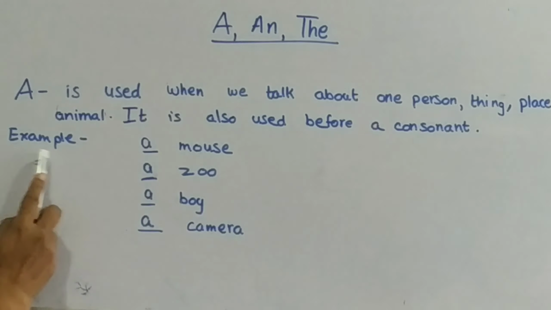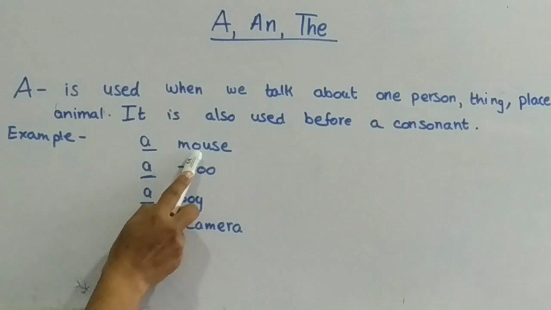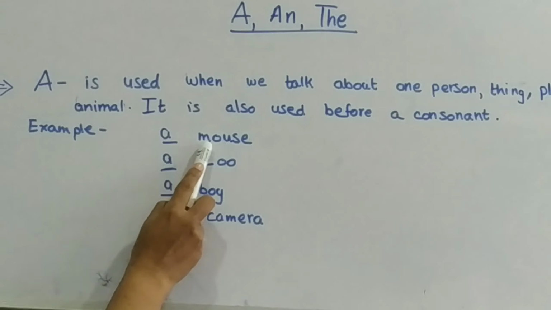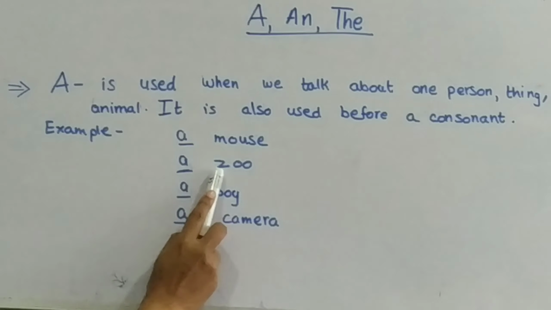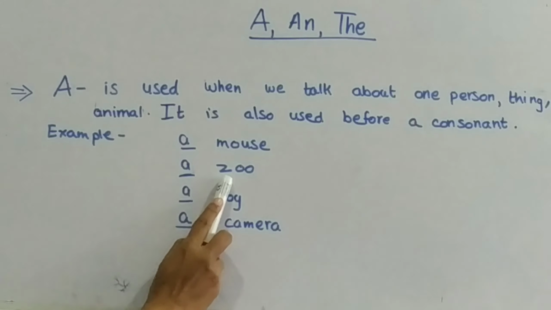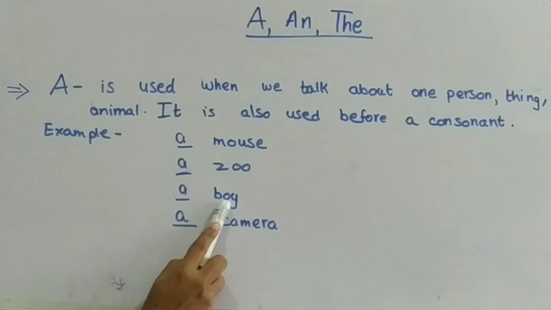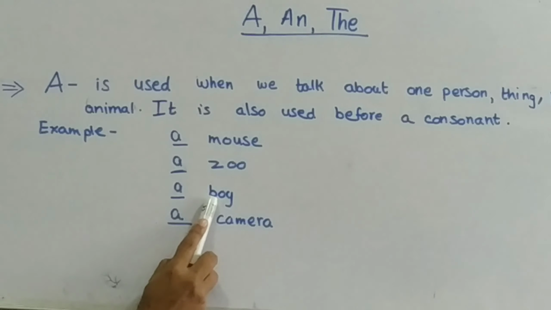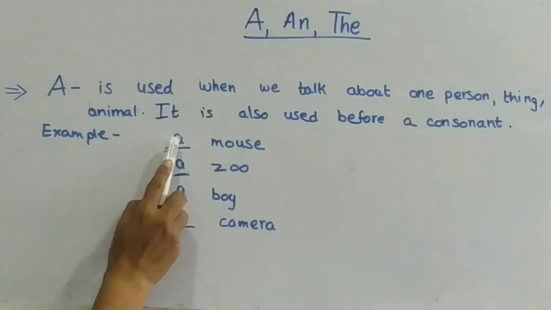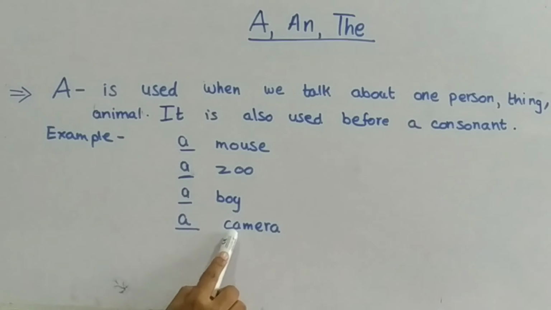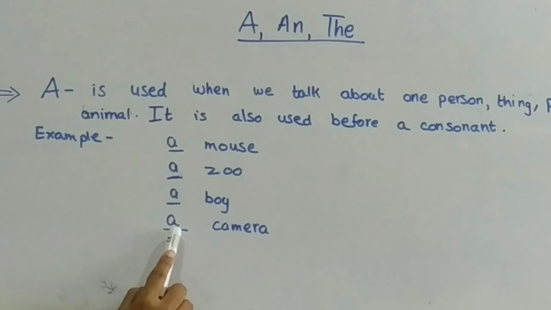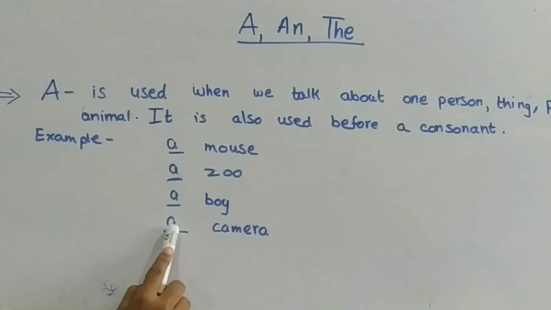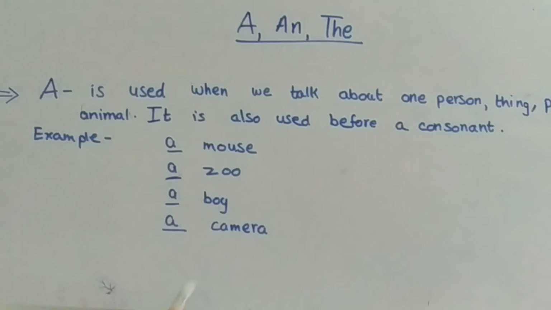Okay. For example, a mouse. M is what here? Consonant. A zoo. Z is again a consonant. A boy. Boy is a consonant. A camera. So C is what?